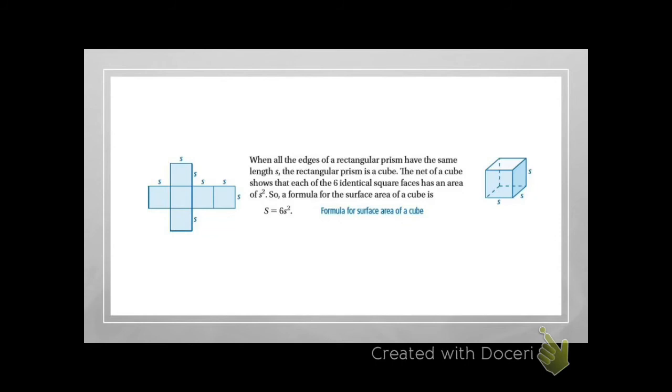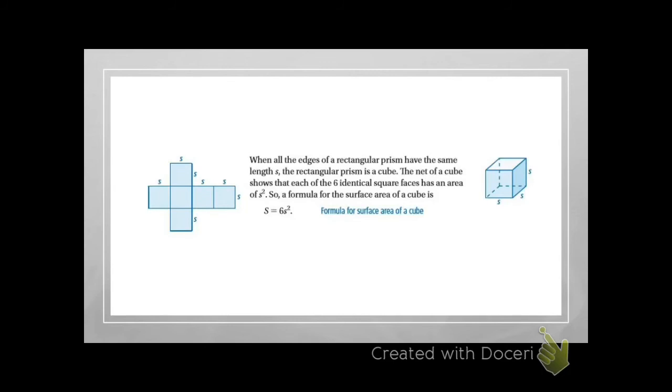If you want to go ahead and finish it, we're going to talk about the cube. It says when all the edges of a rectangular prism have the same length, the rectangular prism is a cube. The net of a cube shows that each of the 6 identical square faces has an area of s squared.